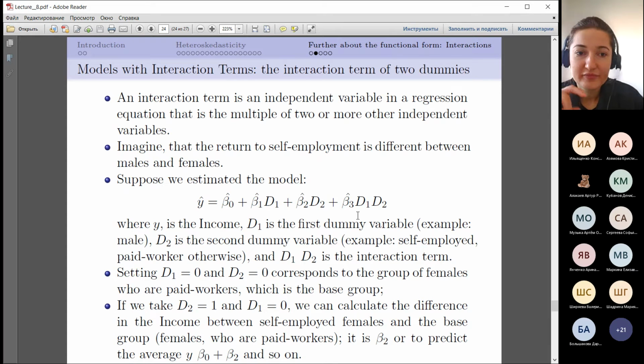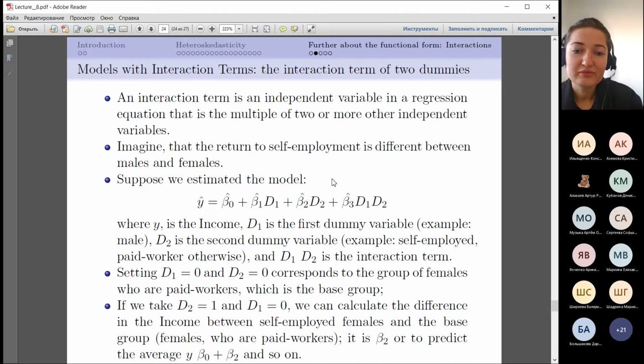Imagine that you have some sample and you want to check the difference of return to self-employment between genders, between males and females.